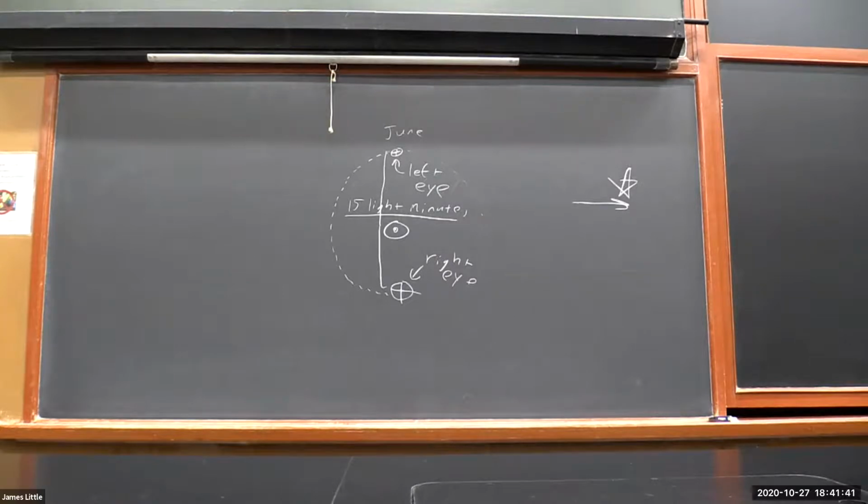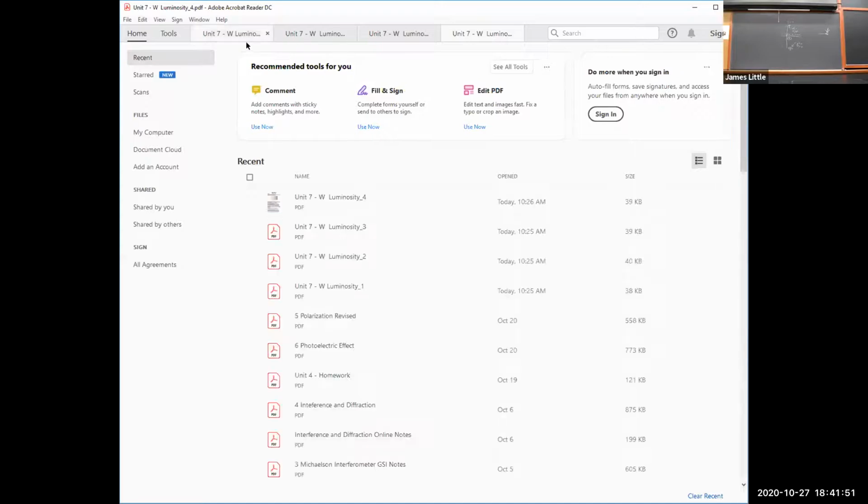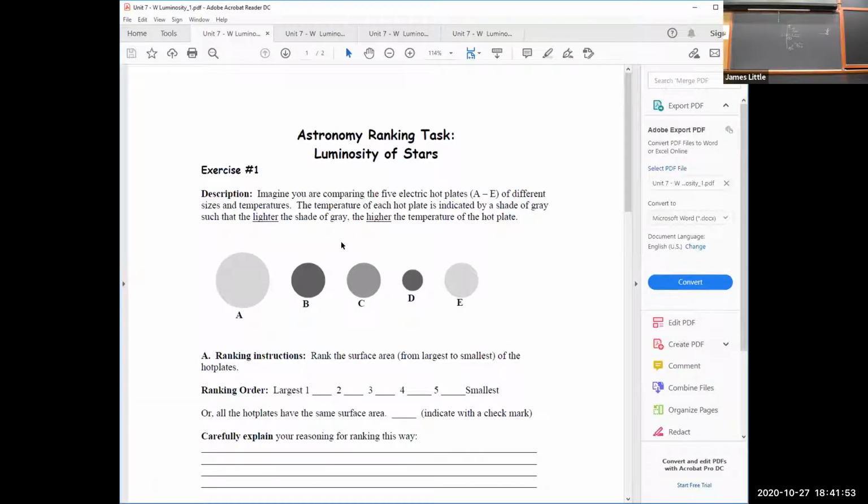Now we're going to do some activities. I will again ask you to pause the video and think about these as we go. So exercise 1. Imagine you're comparing 5 electric hot plates of different sizes and temperature. The temperature of each hot plate is indicated by a shade of gray, such that the lighter the shade of gray, the higher the temperature of the hot plate.